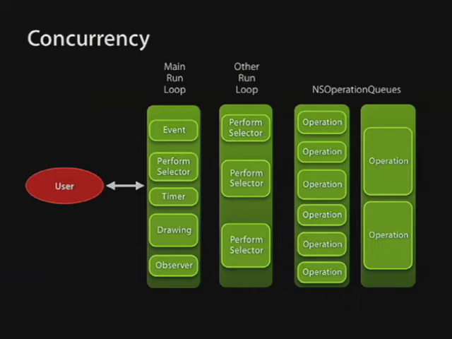Now, in an application, the main thread with the main run loop is special in that it is the work queue on which user interaction events arrive. And in a simple application, maybe all the work is done on the main run loop. But in a more sophisticated application, you would typically want to move some work off of the main run loop so as to leave it free to do its main job of handling user interaction, and that's what keeps your app responsive.